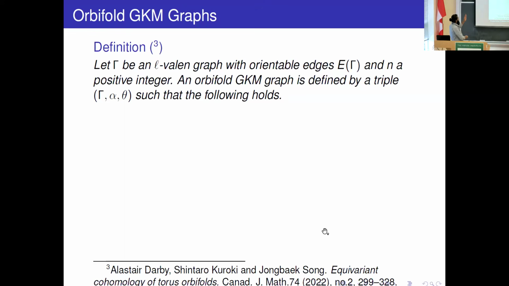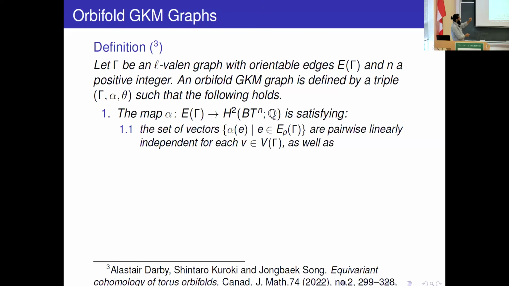So what we want to take is a regular graph, and on the edges we can do the orientation, but still I am assuming it, and it should satisfy some interesting conditions. So there should be a map, which we call the axial map, and it satisfies something.